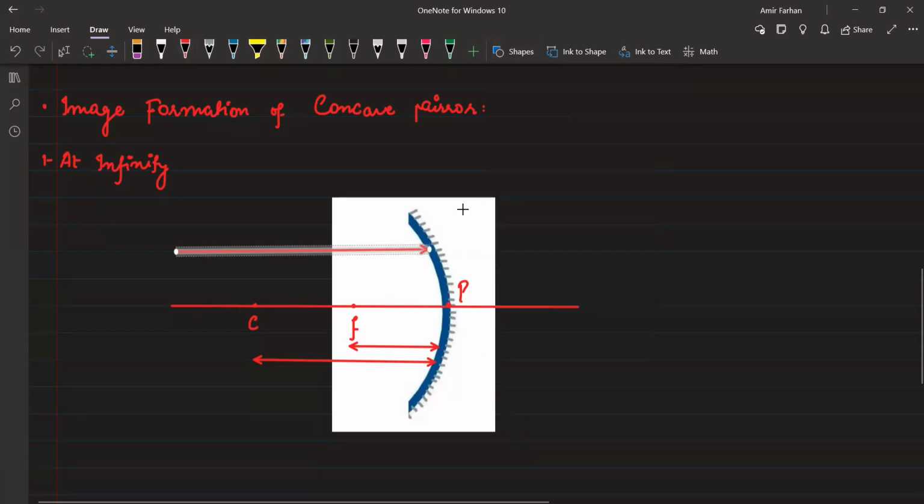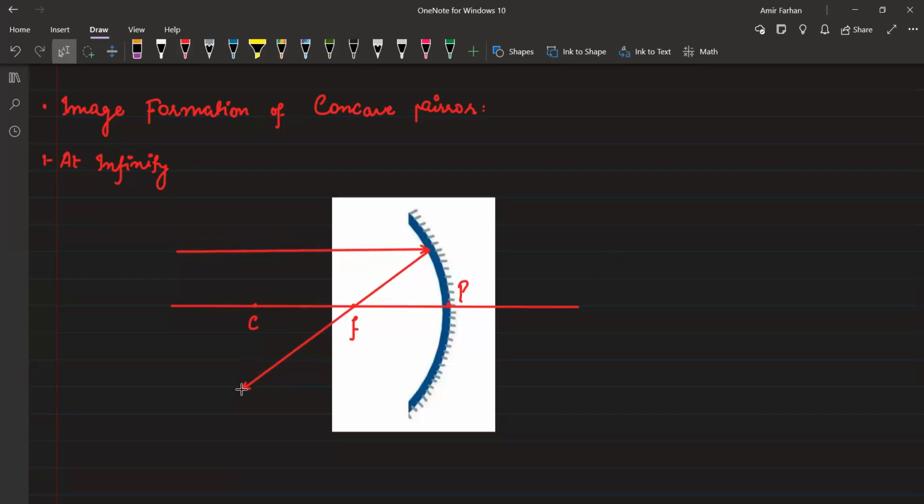And whenever the ray is parallel to the principal axis, it will reflect from the focus. Every time, the first ray always, I'm giving you the basics, is the easiest way to produce the image of any case. Using this concept, only two rays are required to form an image, okay?